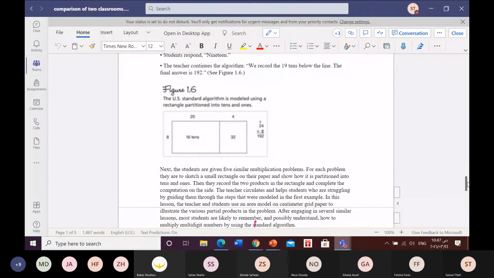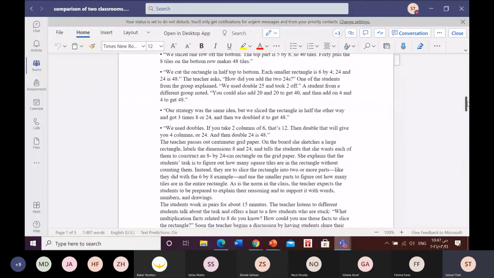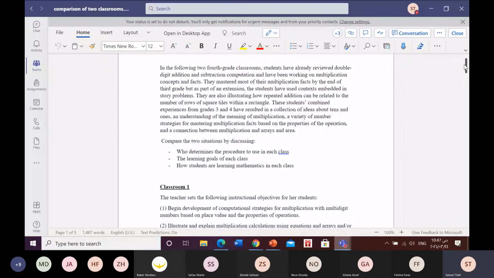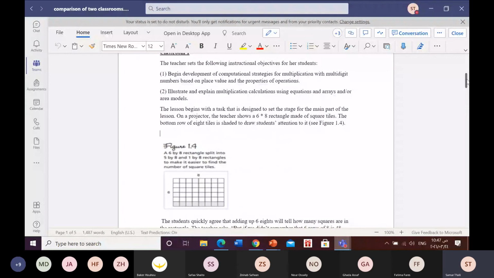Okay, this is about the procedure. The second question: what were the learning goals of each classroom? The objectives in each class. Are they similar? Do we have the same objectives? What do you think? Learning objectives, I mean.